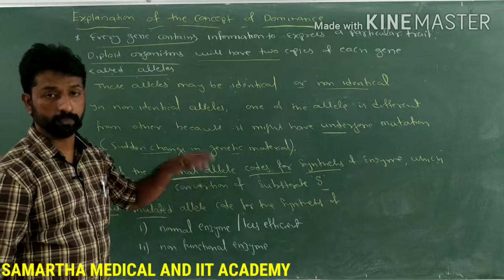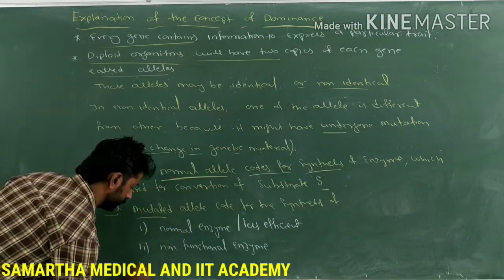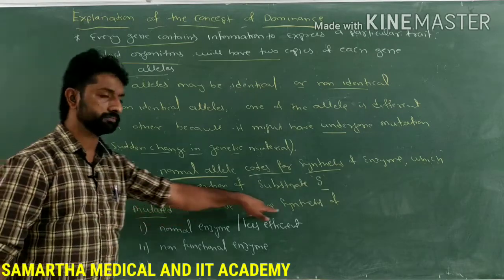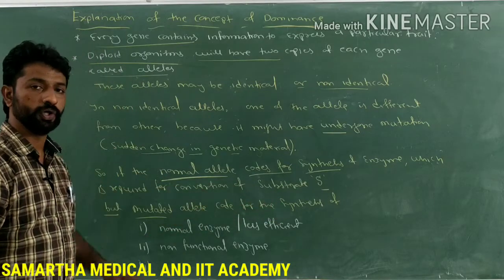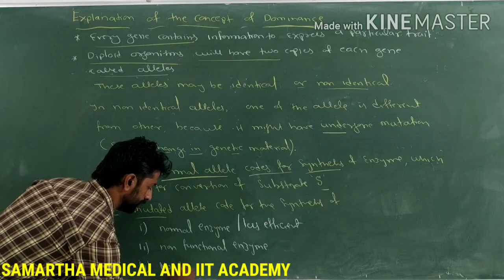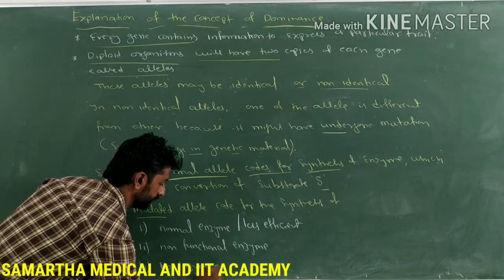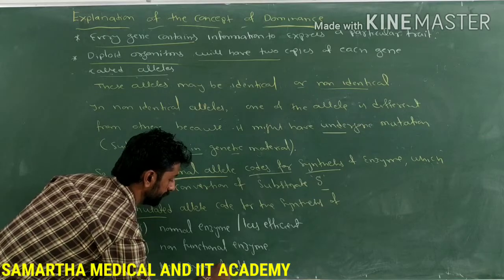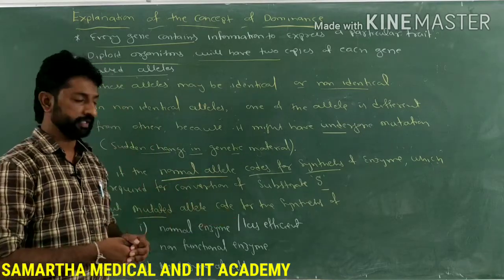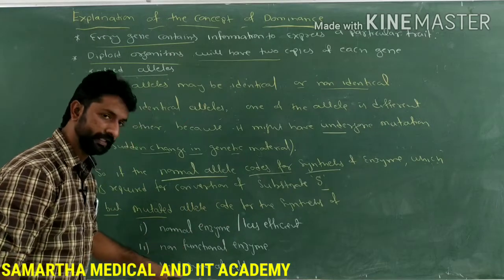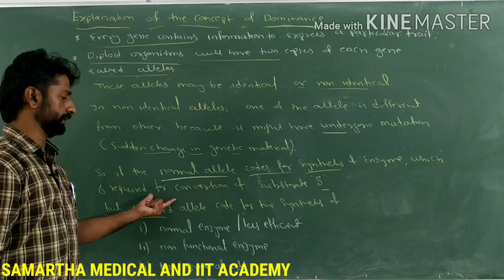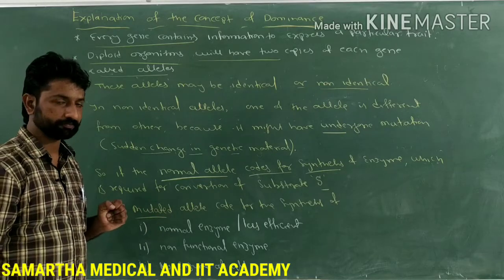And the one more possibility is that the mutated allele codes for the synthesis of no enzyme at all, meaning the mutated allele may not code for the synthesis of any enzyme. These are the three possibilities that can be expected from the mutated allele.